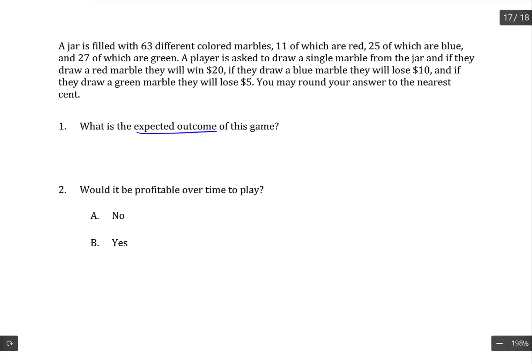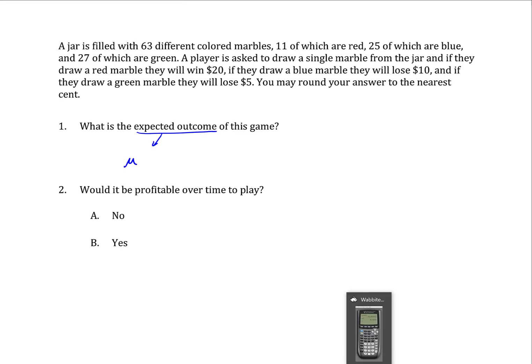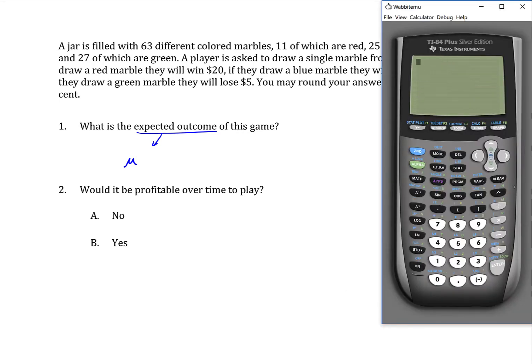So the expected outcome is another way of asking for the mean of the distribution. We can get the mean of the distribution by using the calculator and putting the different outcomes that are possible into L1 along with the probabilities that are associated with each.